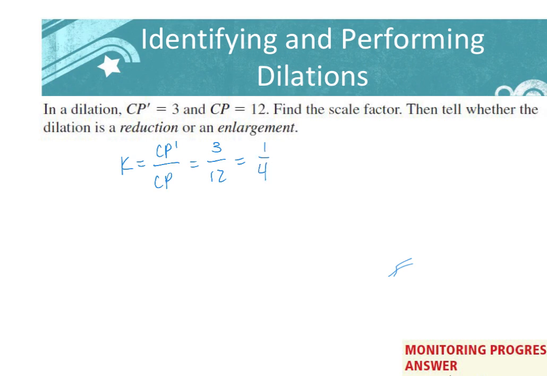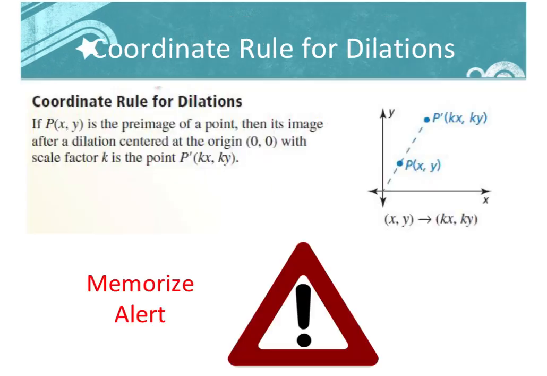Now, it's less than 1, so it has to be a reduction. And you could tell that as well because if this is our original image length and then it turned into 3, we obviously reduced, right? We went from P being 12 units away from the center of dilation to 3 units away. So it obviously got smaller.